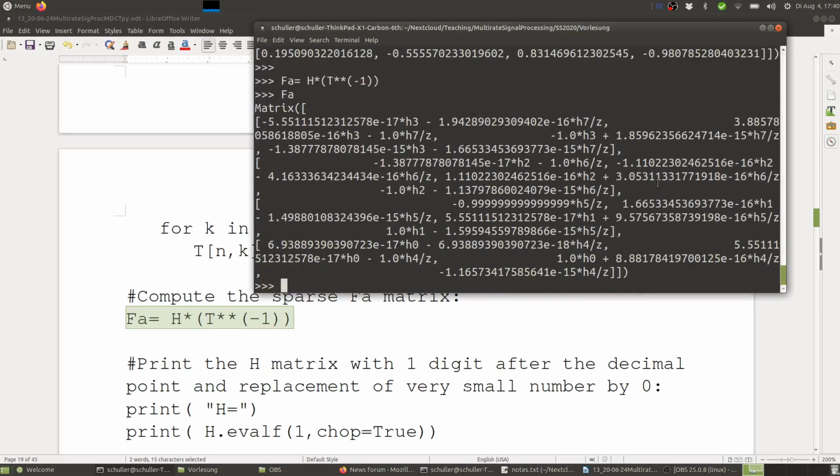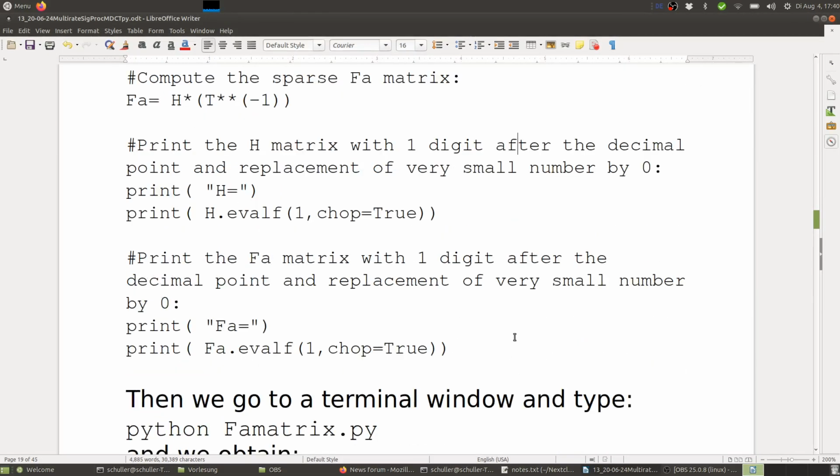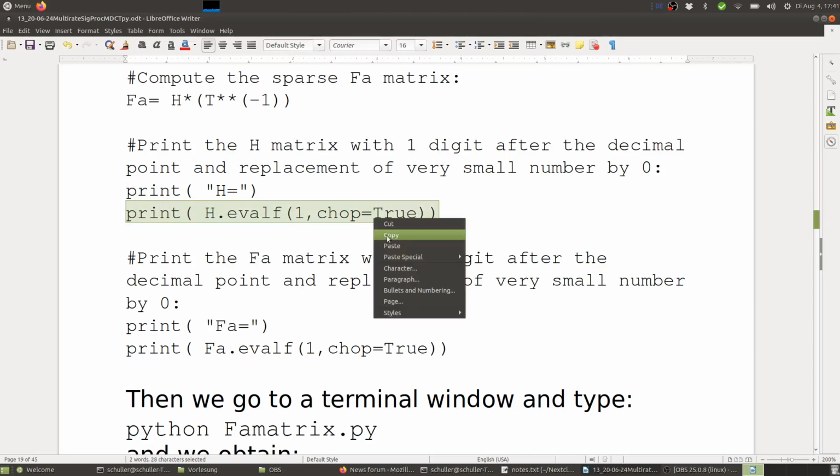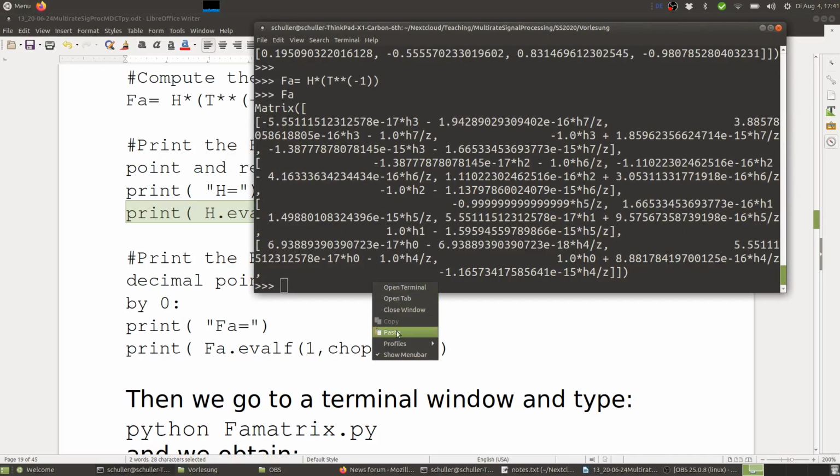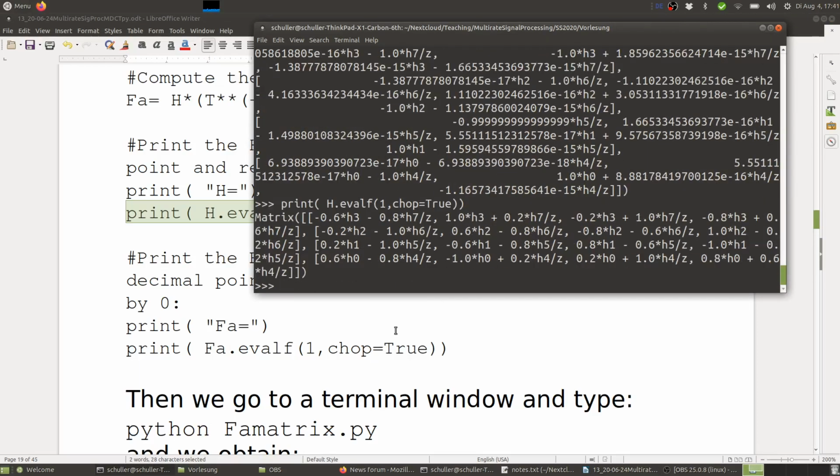Sometimes it's a little bit hard to print it in a way that it actually omits all those rounding errors. I tried it with those print statements. Chop equals true should remove it, but for some reason it doesn't really do it. So when I do this, actually it's not so bad.